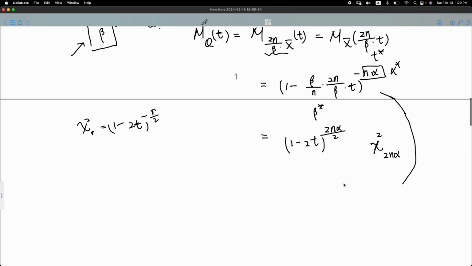Starting from this line here, it's 1 minus, so beta and beta cancel out, n and n cancel out. This is just 1 minus 2t to the negative n alpha. But here I'm just multiplying by 2 and then dividing by 2, so it still stays the same. But we need this 1 over 2 here because we want to match the moment generating function. So after you have a 2, whatever is on the numerator is going to be your degree of freedom, which is 2n alpha.